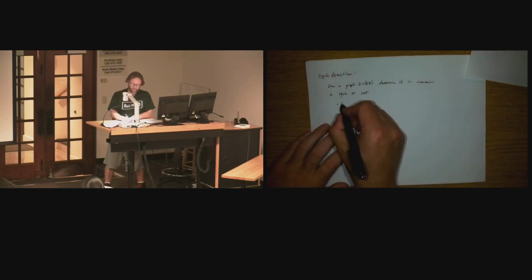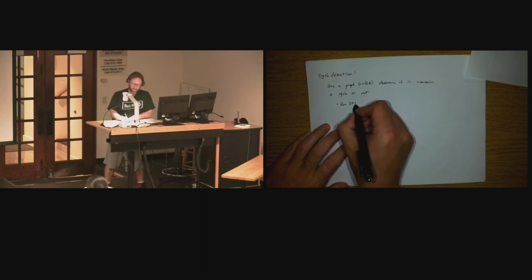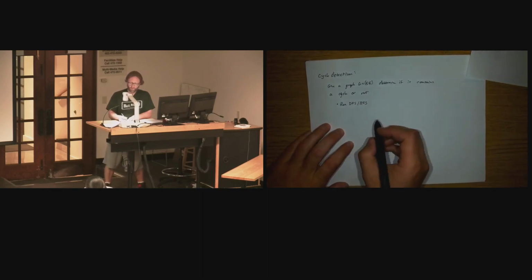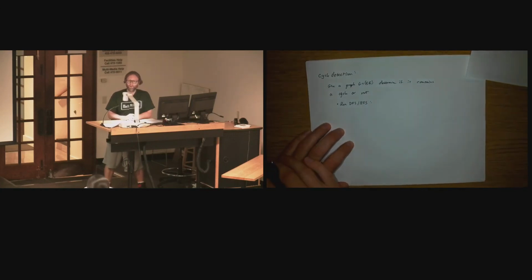Run DFS or BFS, right? And what's your criteria? Well, if you generate the DFS tree and BFS tree, you can find a cross edge or a back edge or whatever, depending on the situation, and then you can say that there's a cycle.